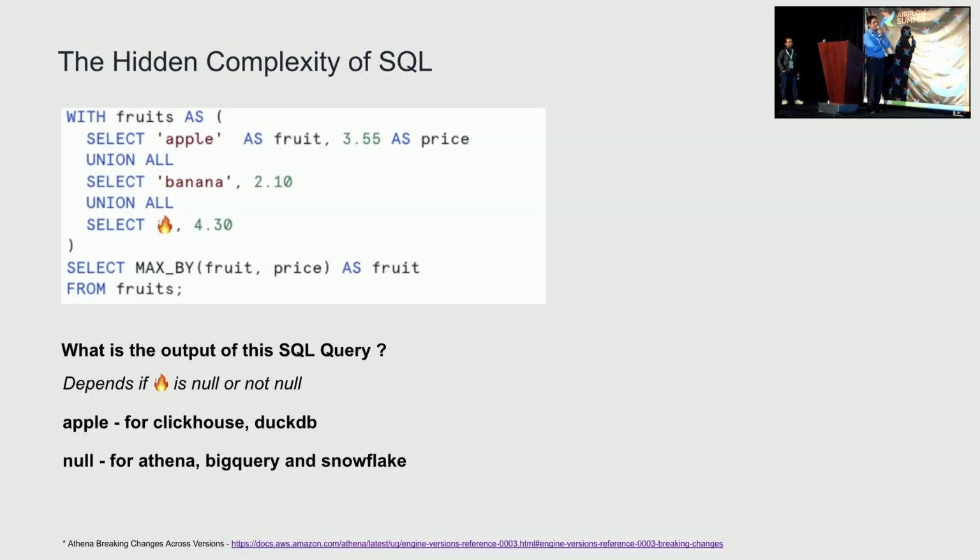And for BigQuery and Snowflake, it returns null. That is because maybe that's the default they use. So imagine if you are upgrading or moving to a different engine, and suddenly your same SQL query which worked Friday is not working on Saturday because of this change. So the point I'm trying to make is that even though SQL is simple, sometimes there are so many internal details which can lead to a potential bug.